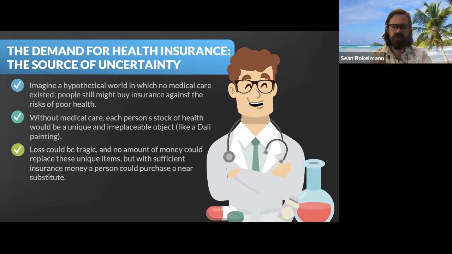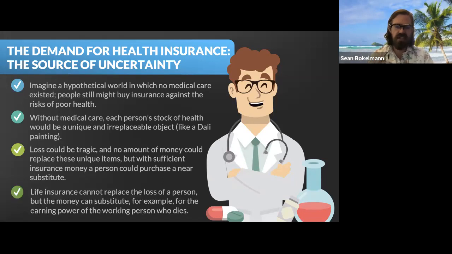And this is actually kind of how life insurance works, right? The point of life insurance is not to replace the loss of the person, but it can act as a substitute for their loss of income, right?